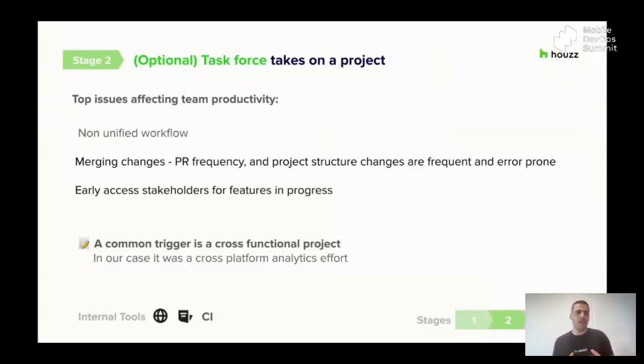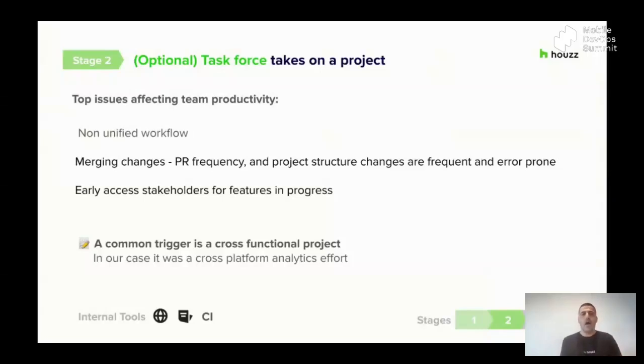Stage 2 is optional, and what usually triggers it is having a bigger task. In our case, and we found that this is a common trigger, you have a cross-functional project across the company that you want to take on, and funding or volunteering engineers from the team isn't good enough, and you actually want to form a task force.